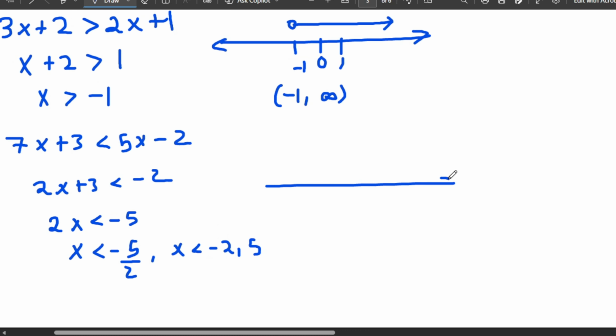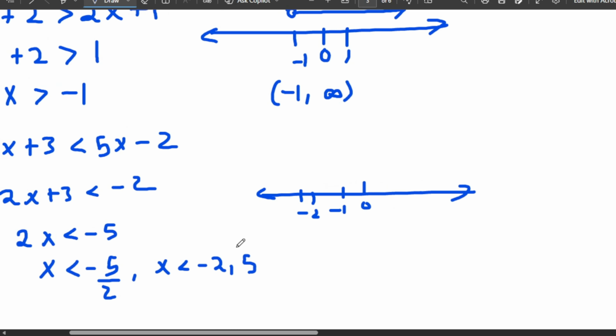In this case, we have 0, negative 1, negative 2, and approximately negative 2.5. So x is less than negative 2.5. It will be an open bracket at negative 2.5 going to negative infinity. So the interval notation will be negative infinity to negative 2.5.